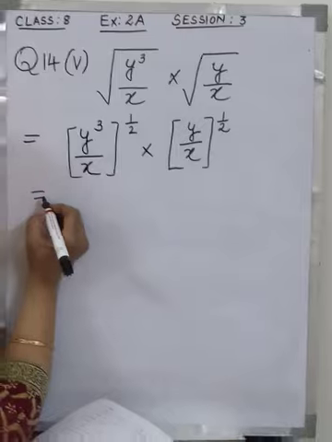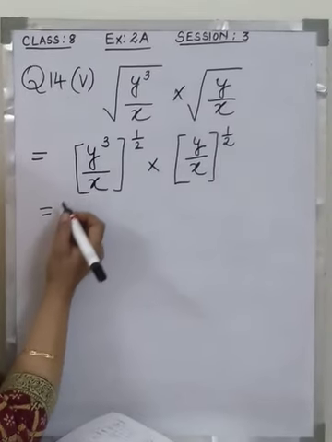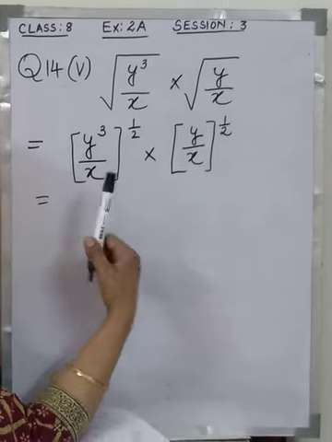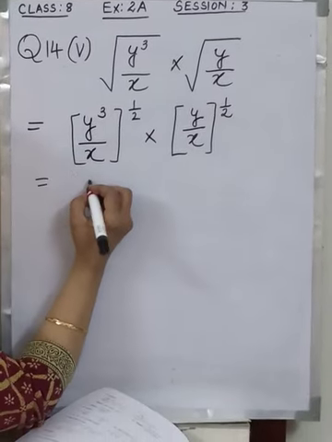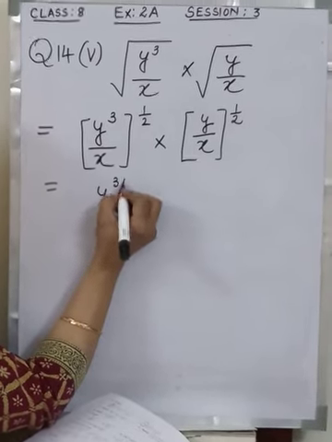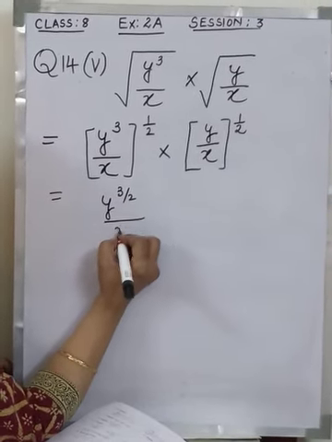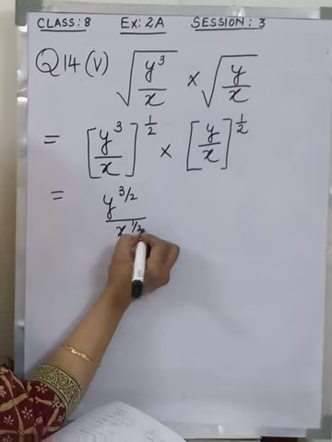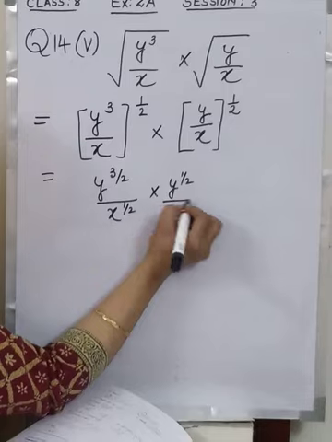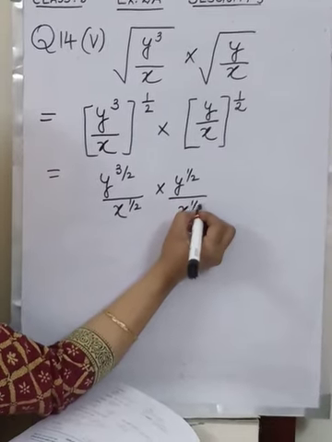So 1 by 2 will be given to both, that is with y also and with x also. So I write y to the power 3 by 2, x to the power 1 by 2 into y to the power 1 by 2, x to the power 1 by 2.